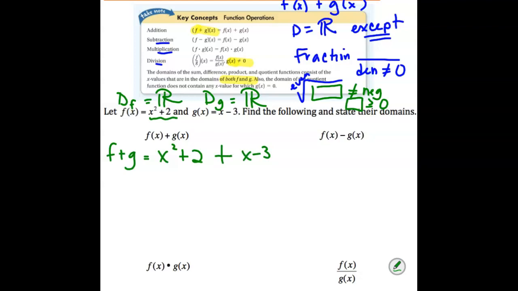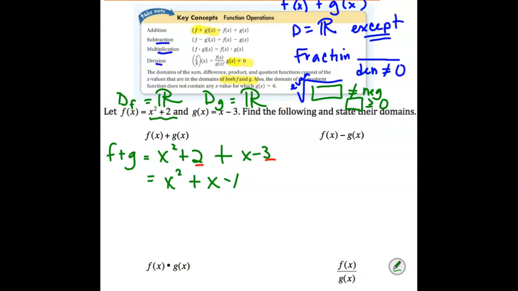So we would combine any like terms, clean this up, get it in standard form. And so we could say our answer would be x squared plus an x. And then I can combine the 2 and the negative 3 and get negative 1. So x squared plus x minus 1.